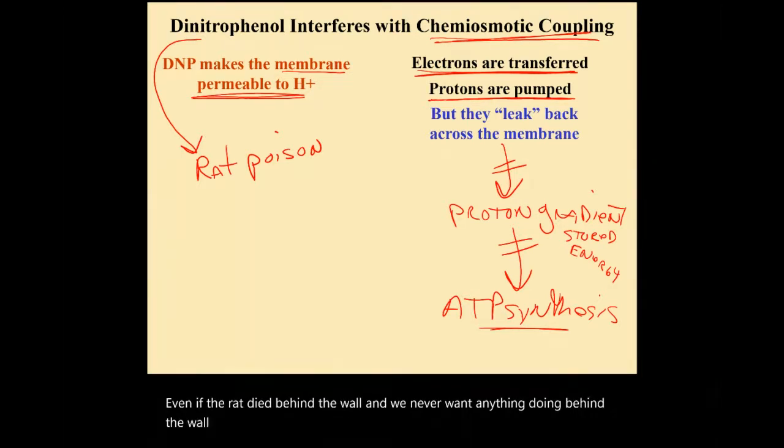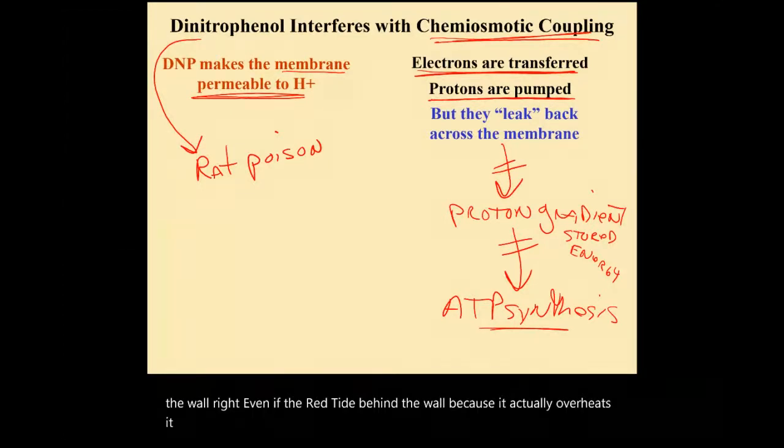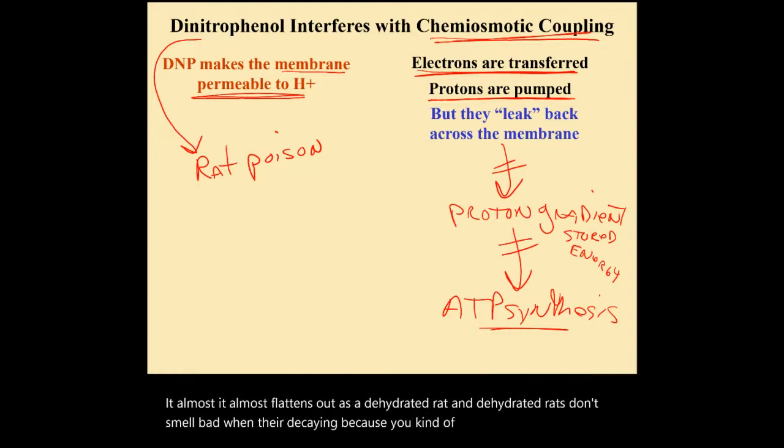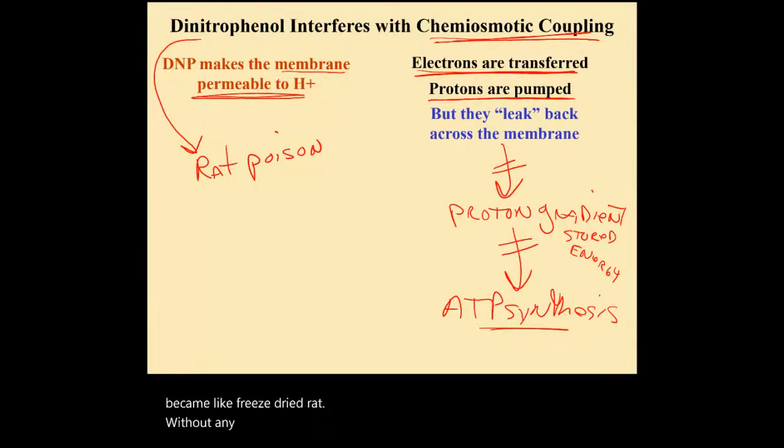Even if the rat died behind the wall, because it actually overheats, it almost flattens out as a dehydrated rat. And dehydrated rats don't smell bad when they're decaying because you kind of need that water environment to decay a rat. So even if it died behind the wall, chances are it became like freeze-dried rat without any water and doesn't really smell that bad.